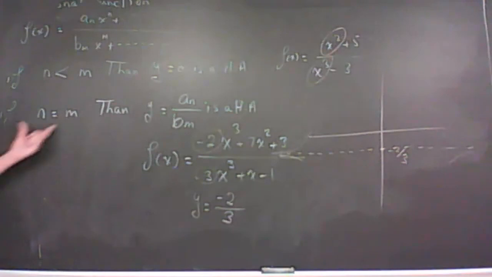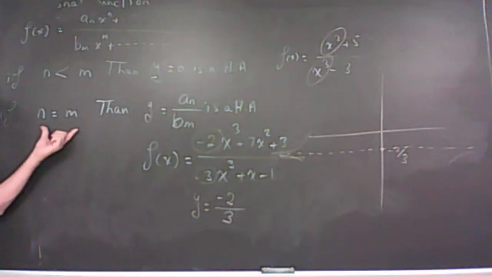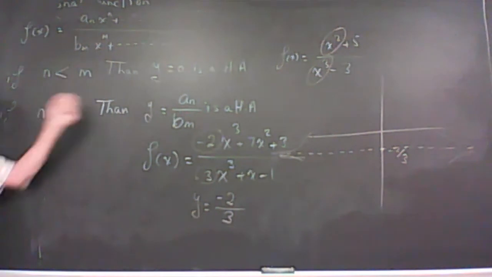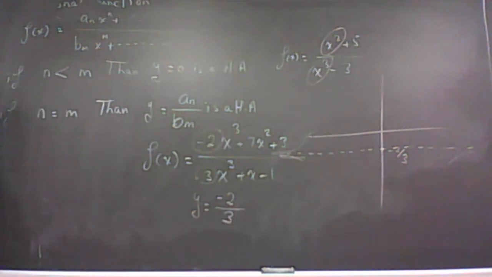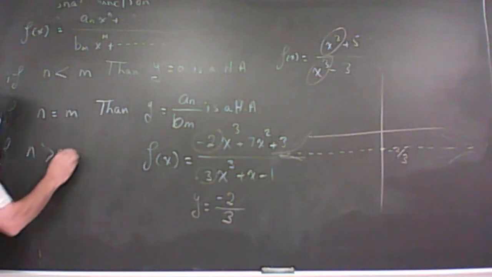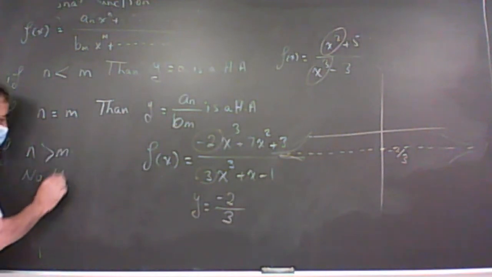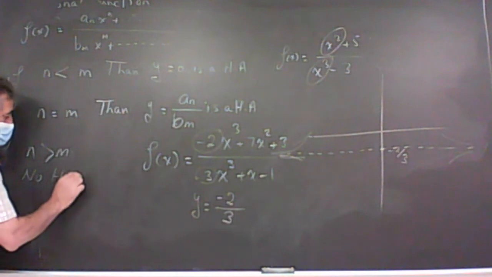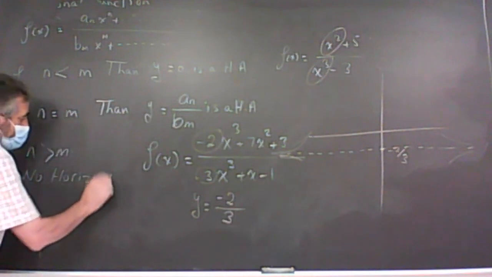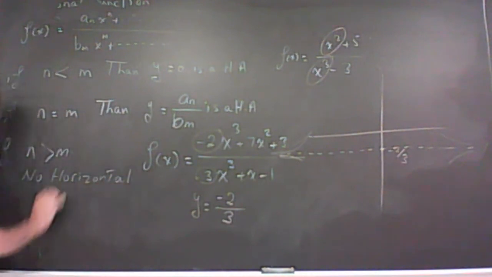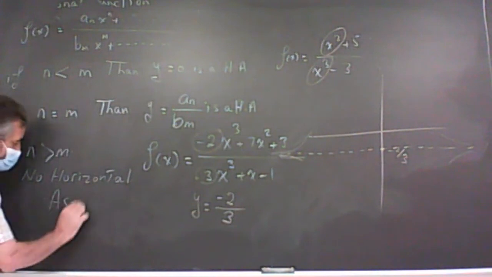So what is left? We're left with one condition: n bigger than m. If n is greater than m, then there is no horizontal asymptote.